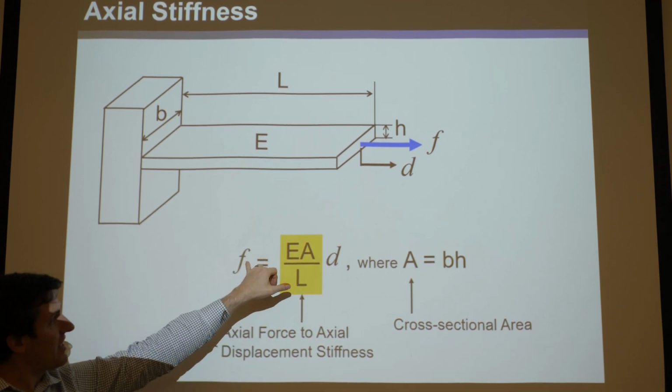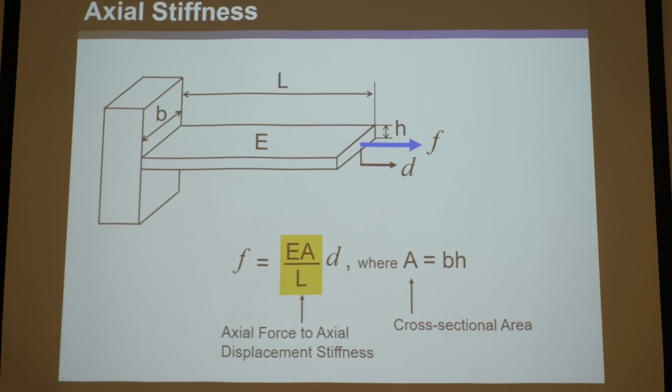And that will link the force to displacement. That is the axial stiffness. Again, very easy to prove just by knowing stress over strain is modulus, and using these definitions, you can prove this very quickly.